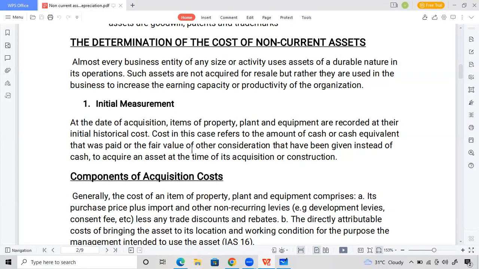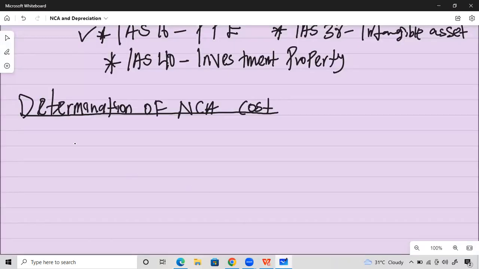Now, look at this. Initial measurement. And let me tell you something. The initial measurement for assets is at cost.